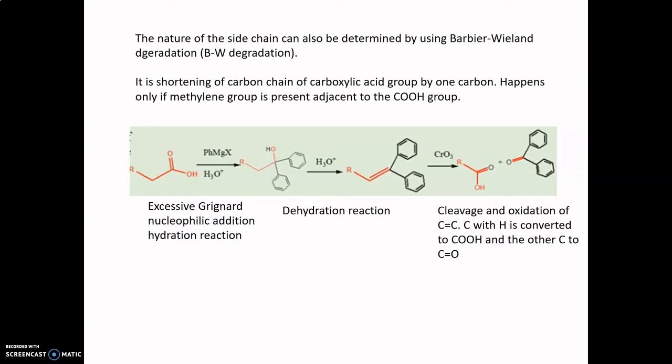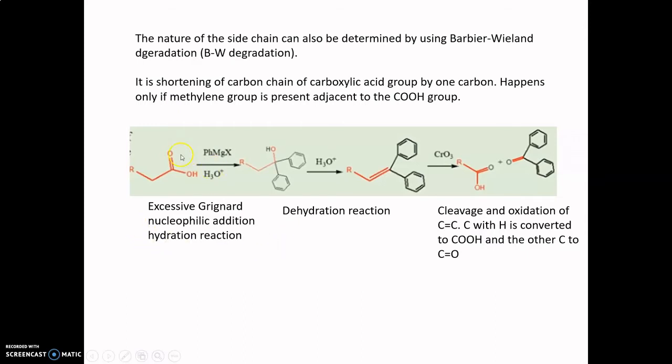Now Barbier-Wieland degradation is shortening of the carbon chain of a carboxylic acid by 1 carbon. So if you have a long chain carboxylic acid, you can shorten the chain 1 carbon at a time, provided the carboxylic acid group has a methylene group adjacent to the COOH group.